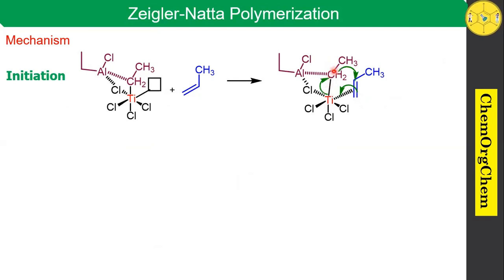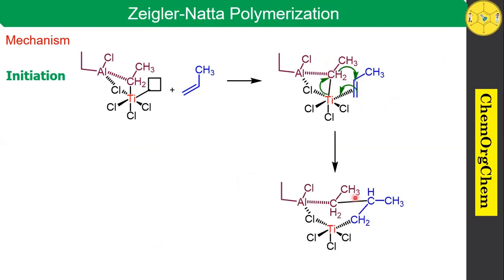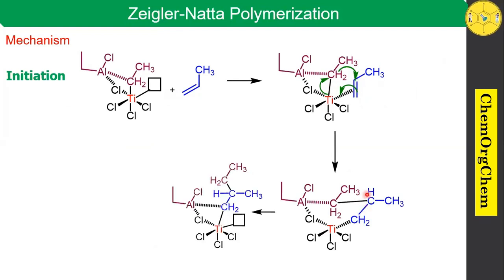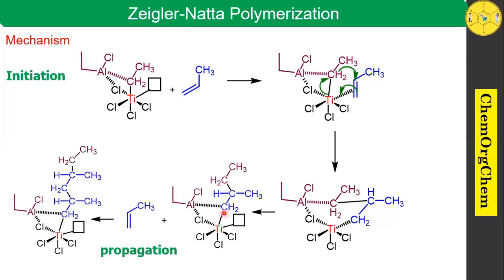This electron attacks this carbon center, which readily produces this corresponding intermediate. After the formation of the intermediate, rearrangement takes place to produce this intermediate, followed by generation of a vacant orbital again. This quickly undergoes the propagation step with n number of alkenes, which produces this polymeric chain-containing intermediate.